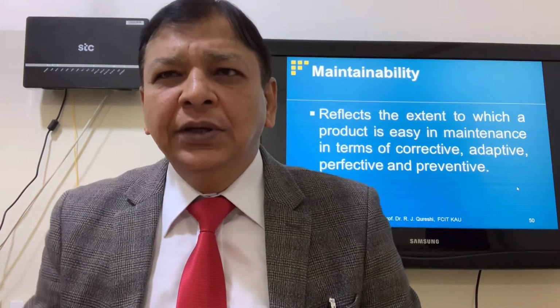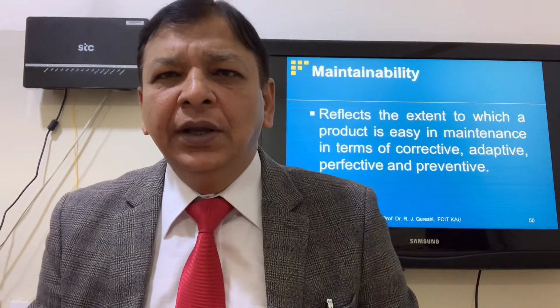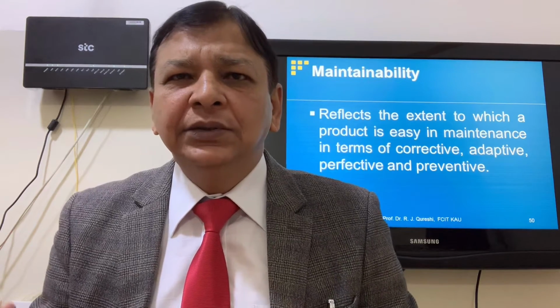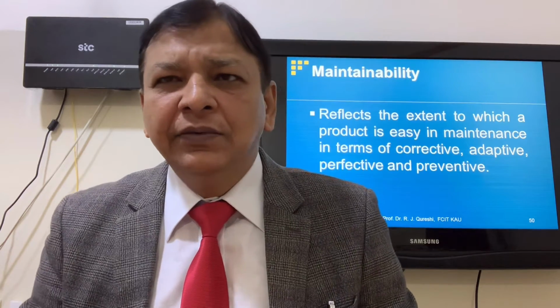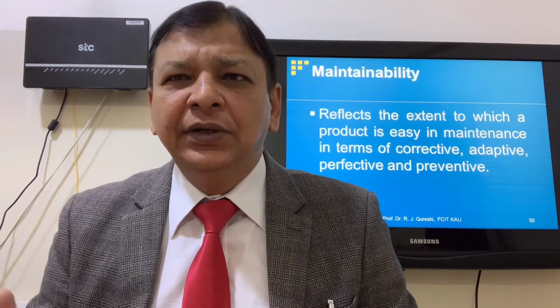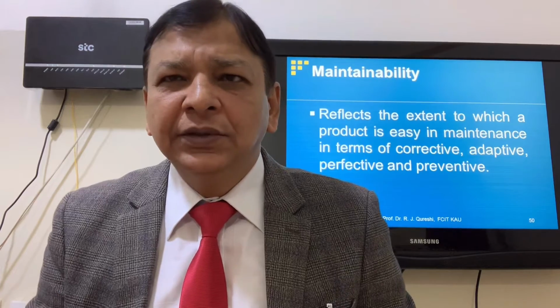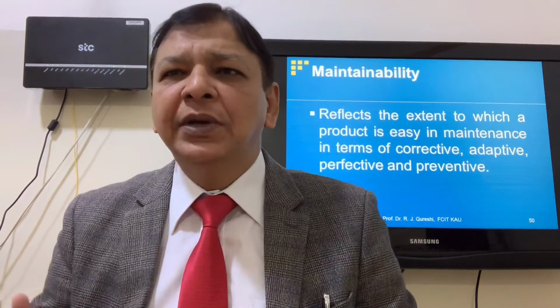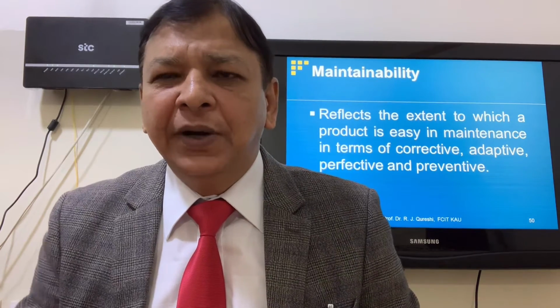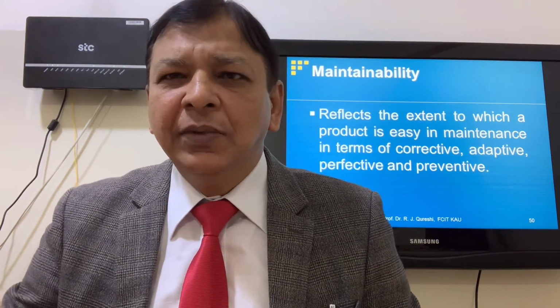Maintainability, the ability of a system to be easily maintained in terms of corrective maintenance, adaptive, perfective, and preventive. I already covered corrective, adaptive, perfective, and preventive. Corrective means the bug fixing, easy to fix the bugs. Adaptive means software can be easily adapted to multiple platforms, easy to run on multiple platforms.